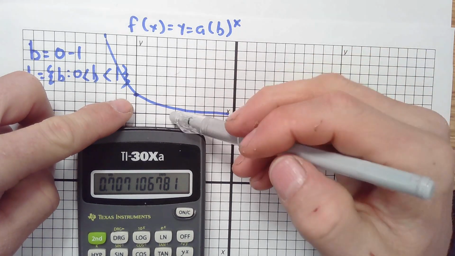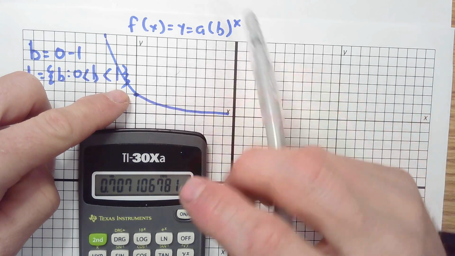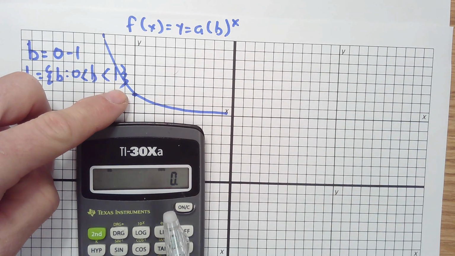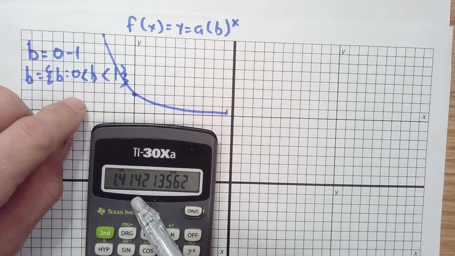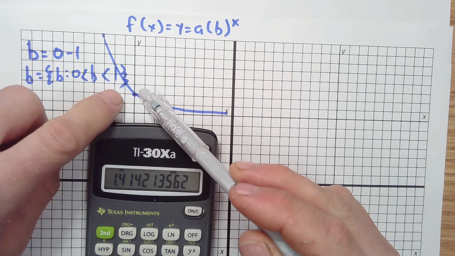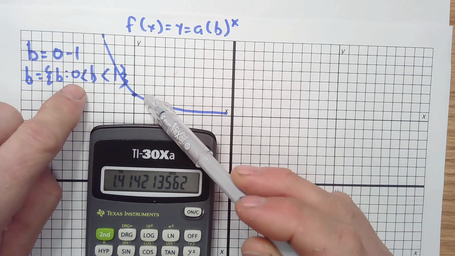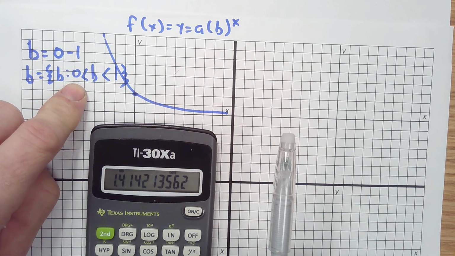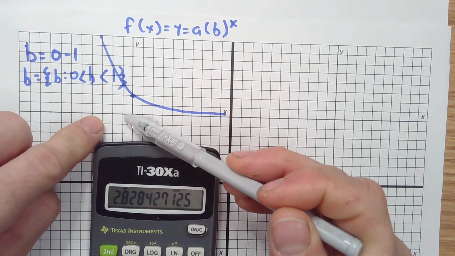So it's 1.4 approximately times whatever that a value is. In my example, a is 2. So it would be like 2.8, about 3-ish when x is negative 1/2.